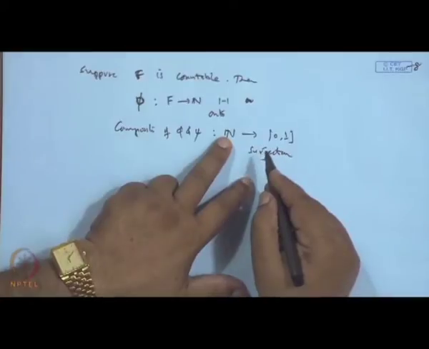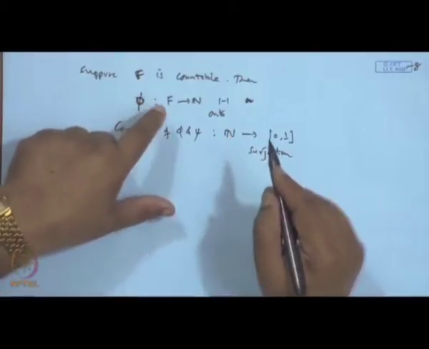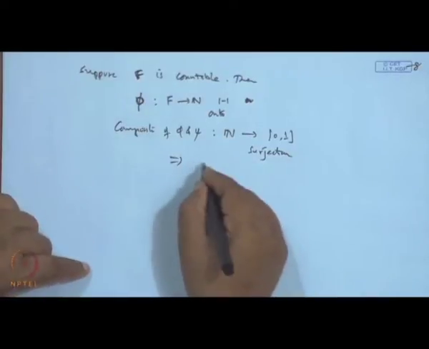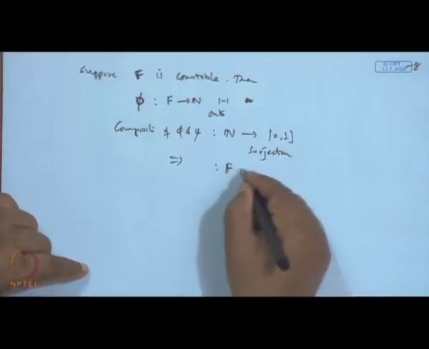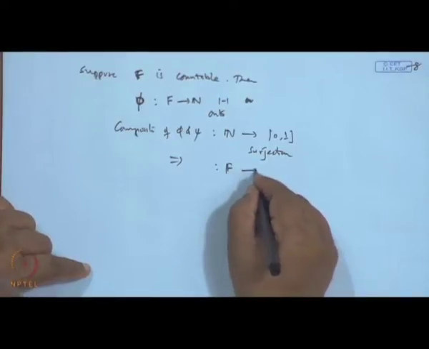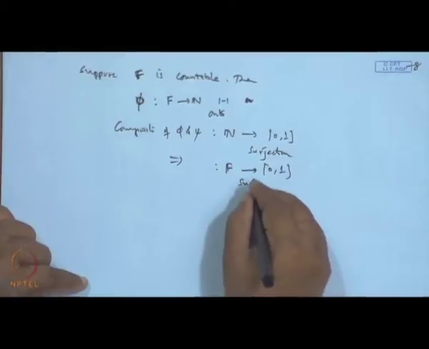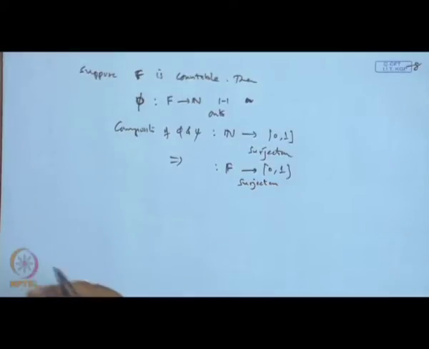So, if we assume F to be countable, then there is a surjection from N onto [0,1].